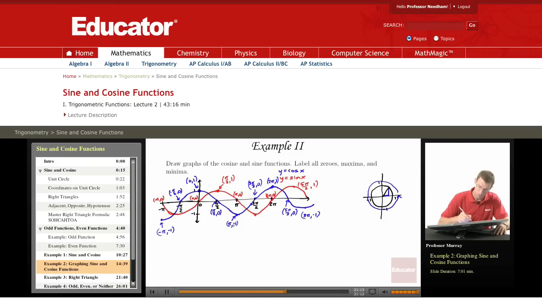And the minimum value would be at 3 pi over 2, where the sine is negative 1. Remember, sine and cosine never go outside that range, negative 1 to 1. And at negative pi over 2. So all of these values you should pretty much have memorized. They're the sort of simplest values, the easiest ones to figure out of sine and cosine.